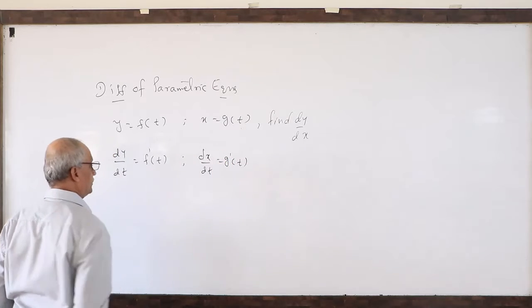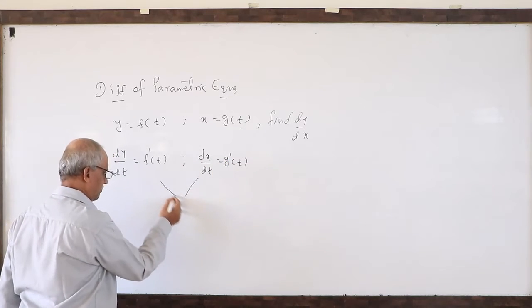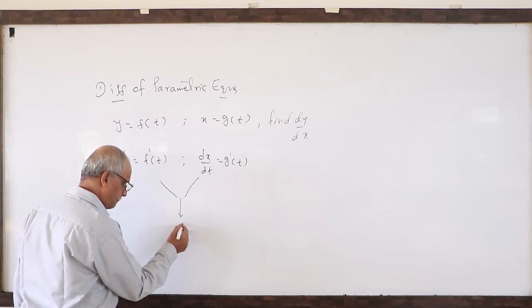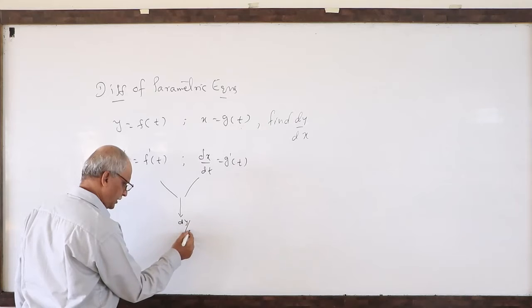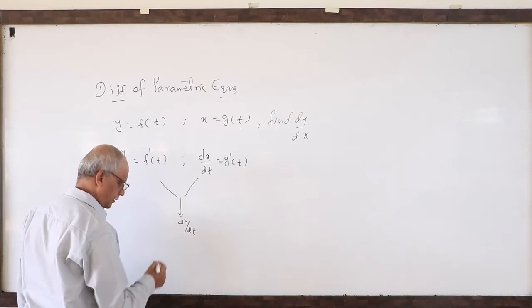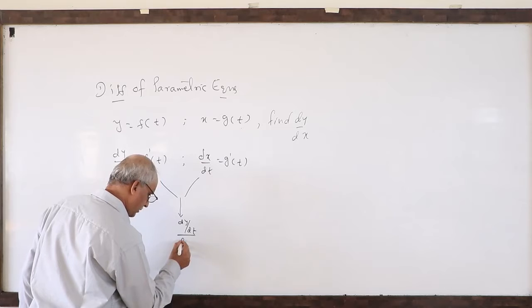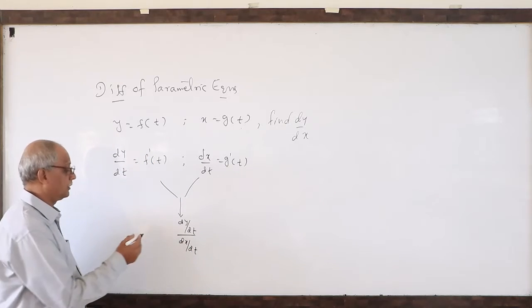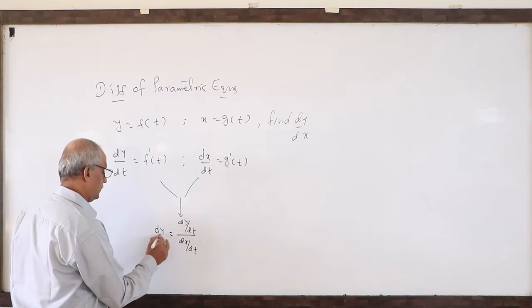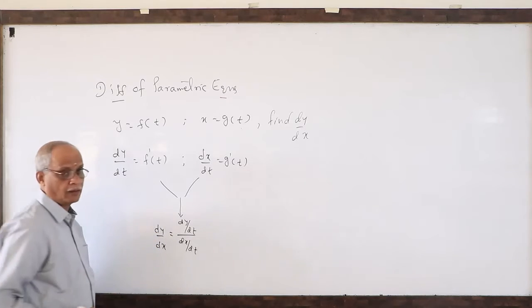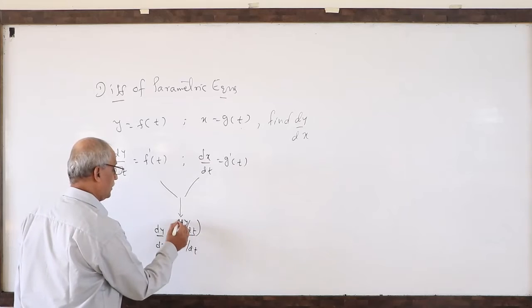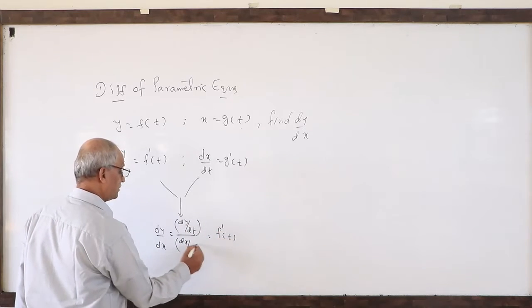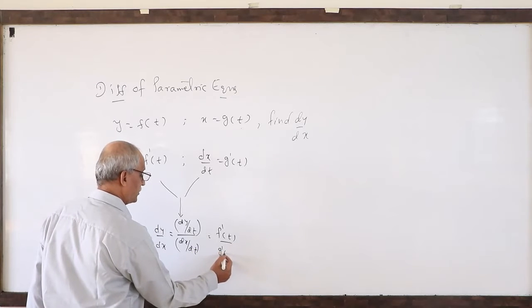Now we want dy by dx. Combine these two. How will you combine? dy by dt divided by dx by dt. The dt cancels, therefore it becomes dy by dx. Then dy by dt here is f dash t, and dx by dt is g dash t.